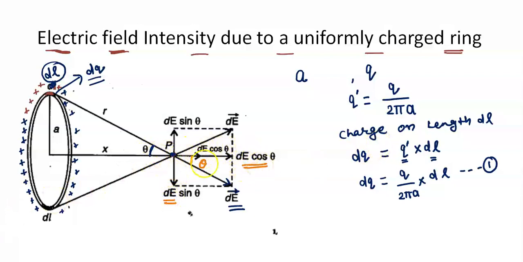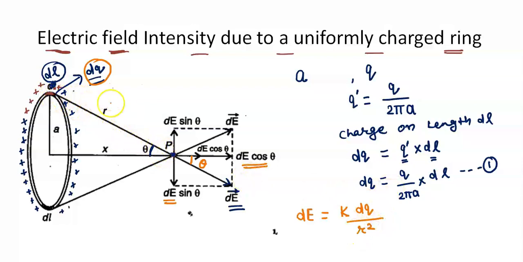So let us first write the value of dE. You know electric field intensity is given by 1 upon 4 pi epsilon naught, which is written as k, q upon r square. Now q is the charge which is actually producing the electric field intensity. So this charge is dq, divided by the distance square, and the distance is r, so r square.